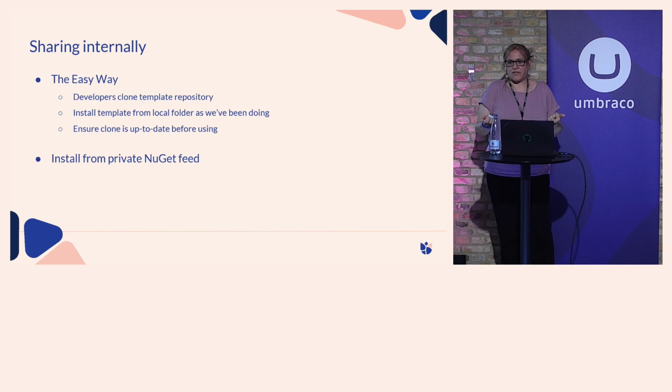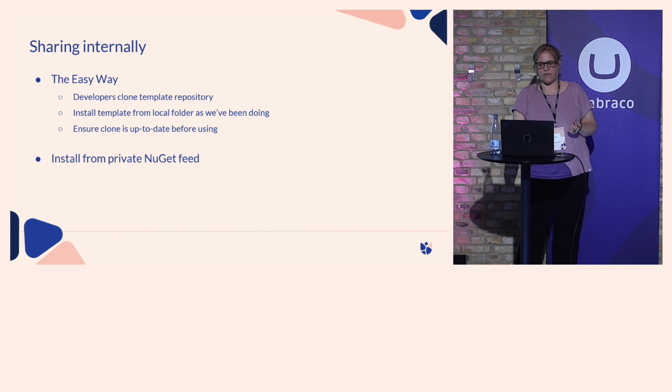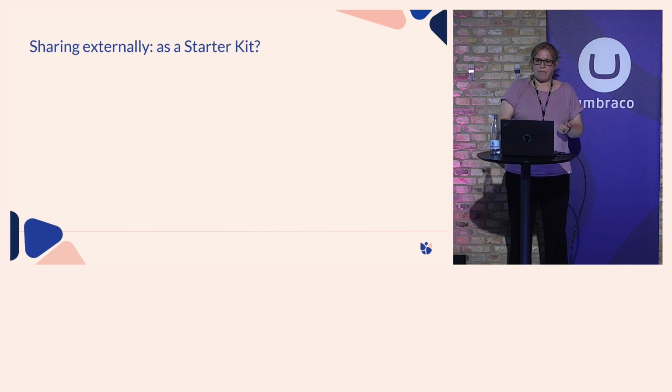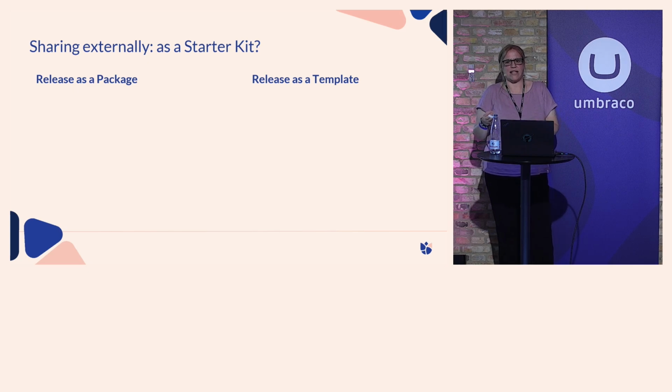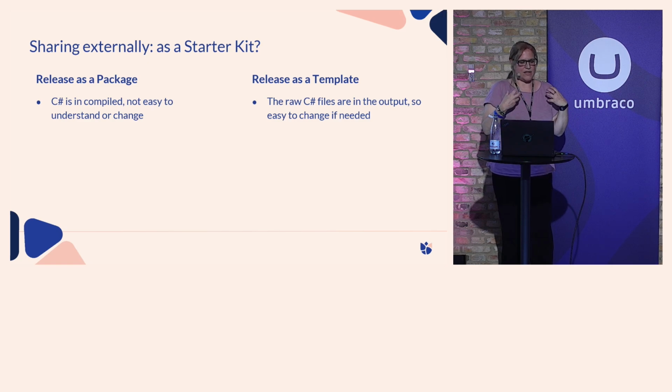Or you could publish to a private NuGet feed if you have one of those in your company. Perhaps you're going to build something that you think other people in the Umbraco community would benefit from. Well, then you can share a starter kit. And I think that this approach, dotnet new templates, is far better for starter kits than the traditional way of packages, because if you release your way of working as a package, you're releasing compiled C#.